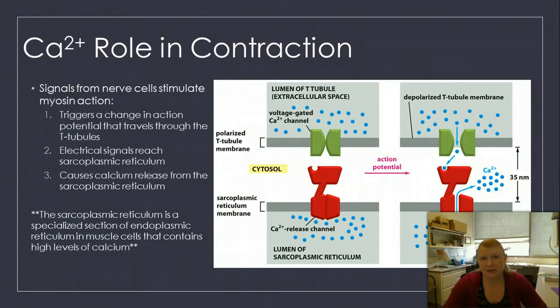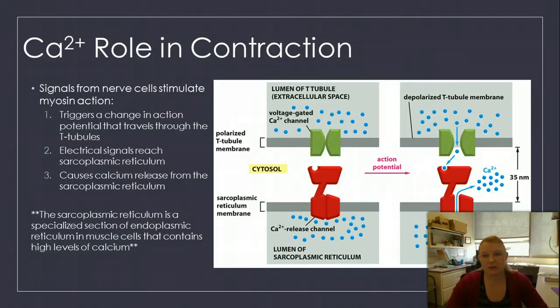Now, the sarcoplasmic reticulum is an area of the endoplasmic reticulum that's specific to muscle cells and is high in calcium. When the voltage-gated calcium channel in the T-tubule opens, it sends a signal across to the sarcoplasmic reticulum, which signals calcium release.